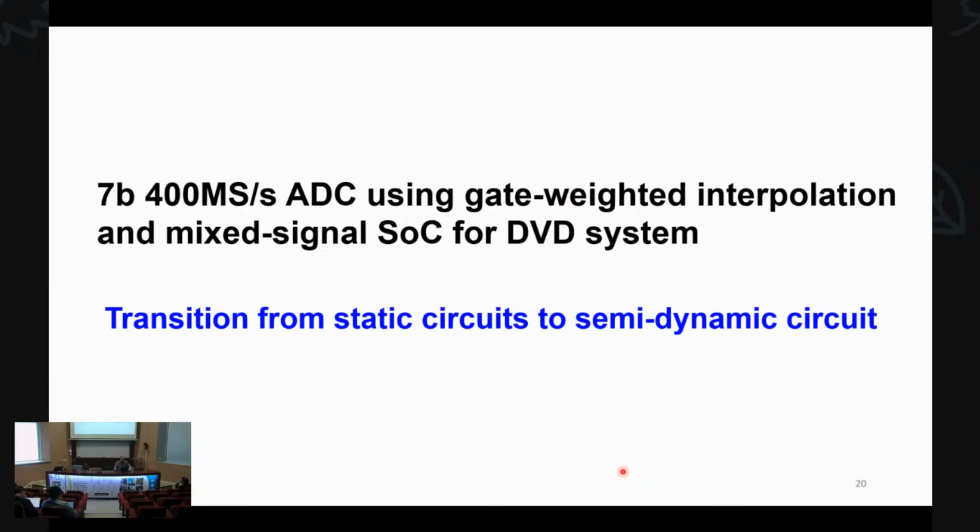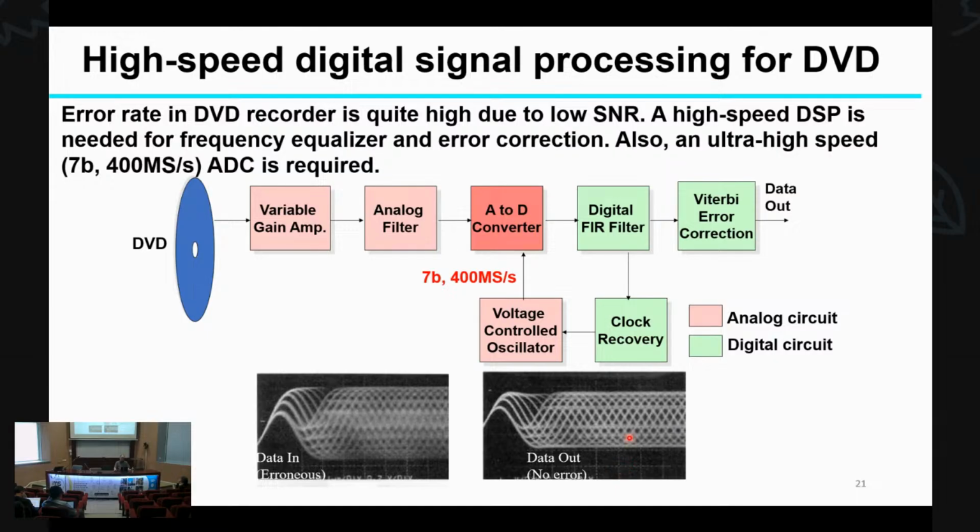Next is the 7-bit 400 mega sample ADC. This is the DVD system, a DVD recorder. You can see this is a big crowd, which means large errors due to the low SNR.